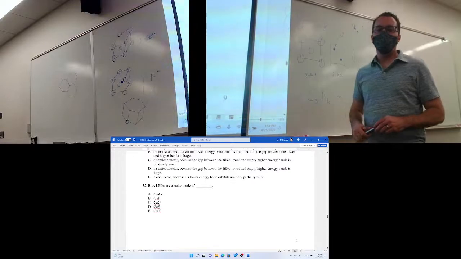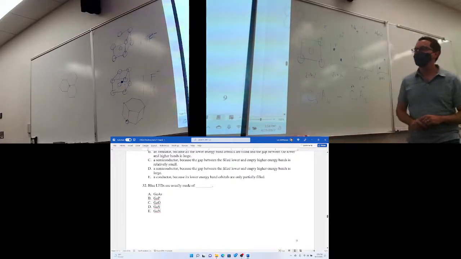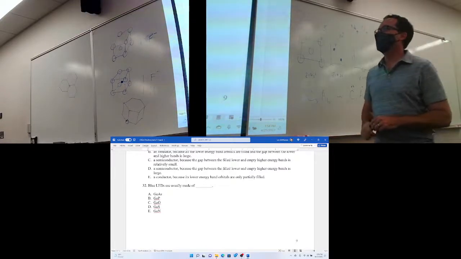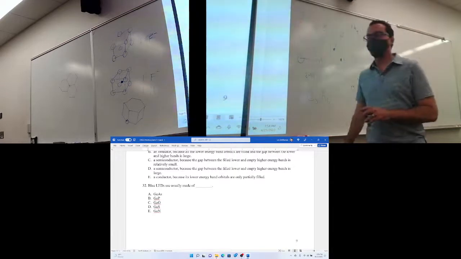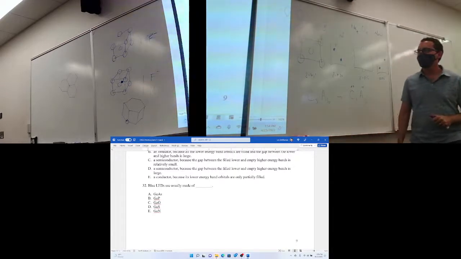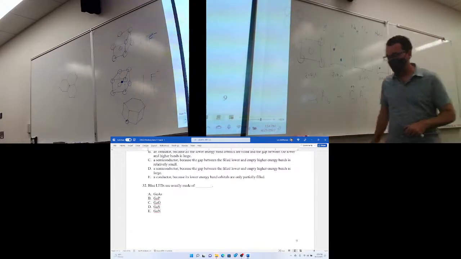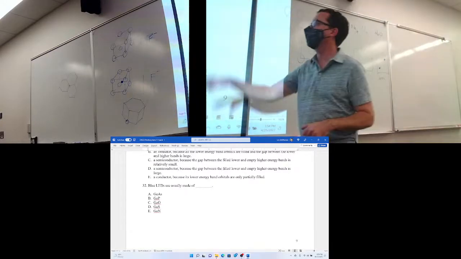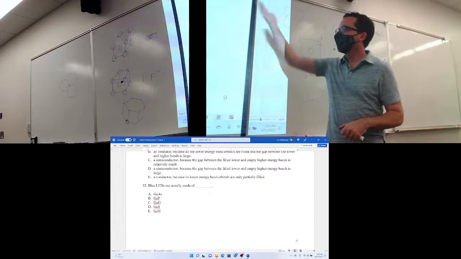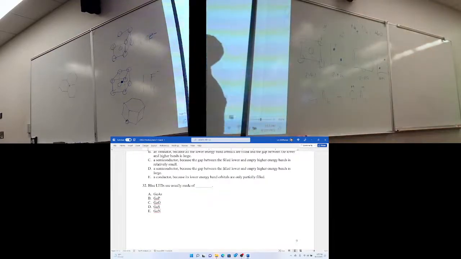All right, blue LEDs, what are they made of? That's assuming that all of these are visible spectrum. Let's assume that they're all visible. This is kind of from the lab, so it's not one of those that I would give you in this context. But look at the difference between all of these. We're going from arsenic to phosphorus to oxygen, sulfur, nitrogen.